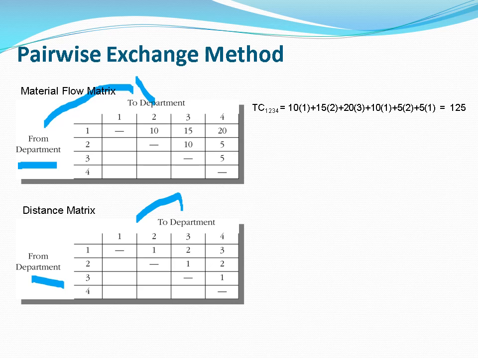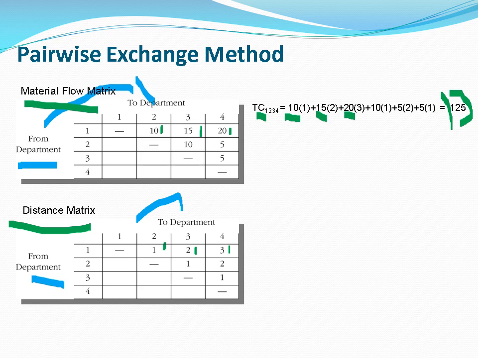Basically, what is important here is the material and the distance matrix. In order to find this answer, you have to pairwise and exchange 10 and 1, 15 and 2, 20 and 3.